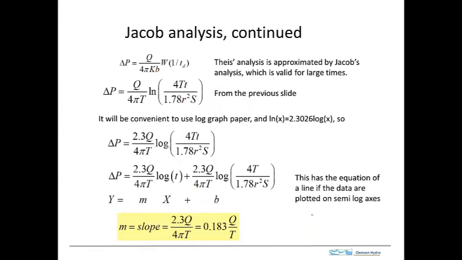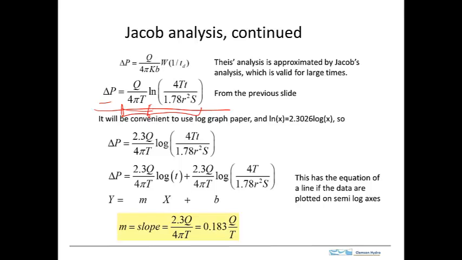That's the basis of the Jacob analysis, and we plug it back into the function that gives us the drawdown. So there's drawdown as a function of that stuff we just saw, and then we have this constant out in front, the pumping rate and the transmissivity.